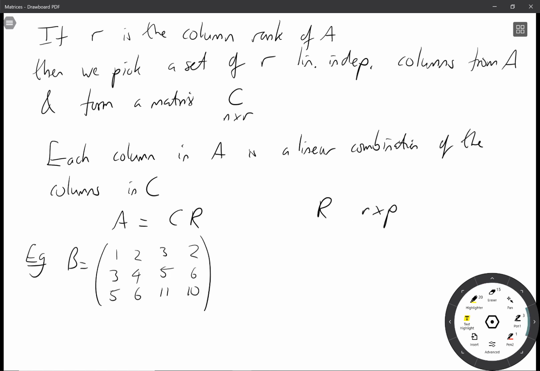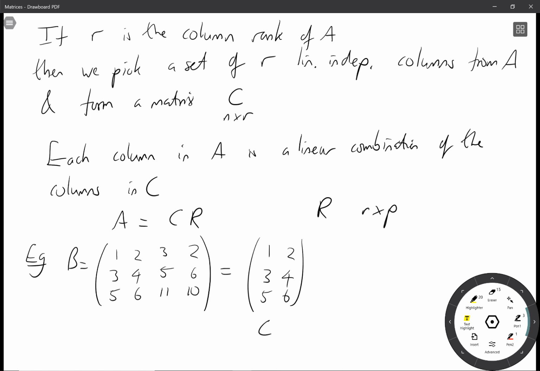For example, we had B before, and we said that this is formed from just two columns. So let's let our matrix C be 1, 3, 5, 2, 4, 6. So they are linearly independent. So that's going to be our matrix C.